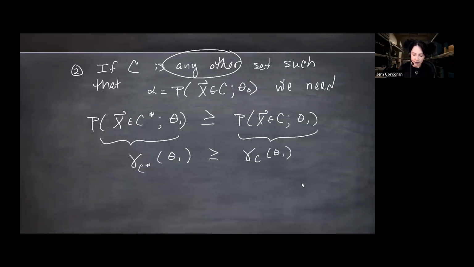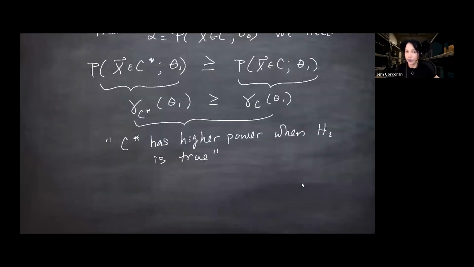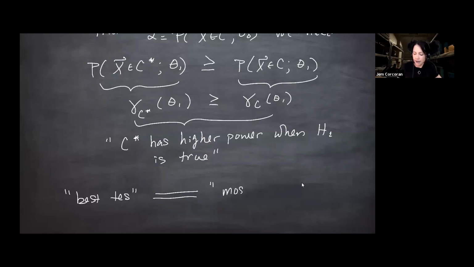And so from this statement, you say C star has higher power when the alternate hypothesis is true, higher than C and the highest possible power. So a best test is often referred to as a most powerful test. So you might hear best test, and this is equivalent to most powerful test.